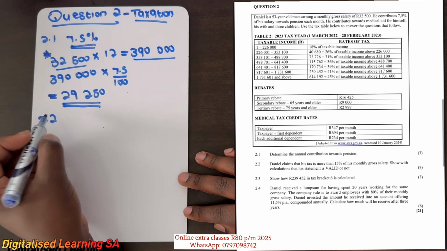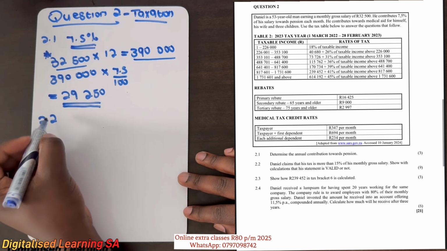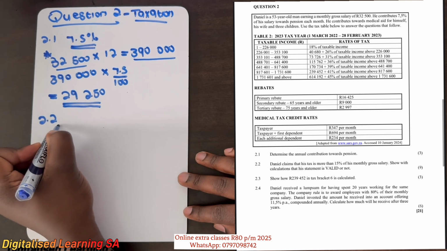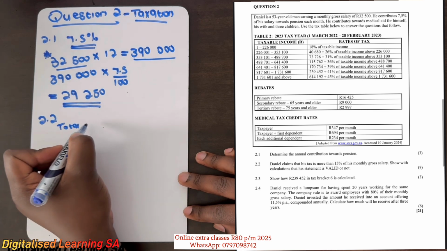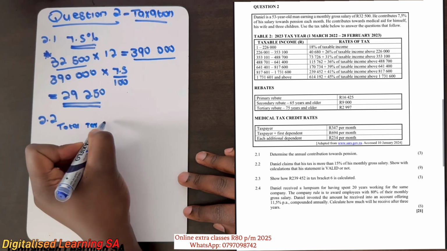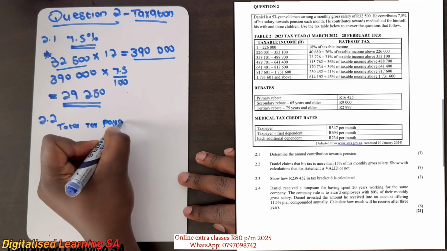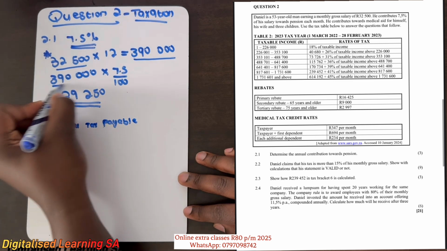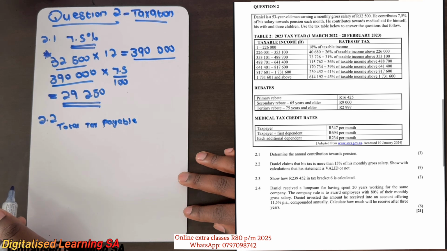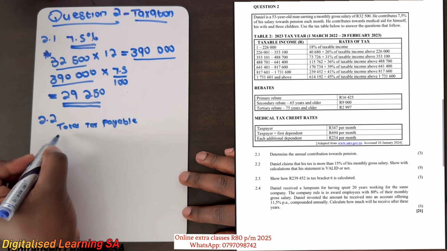We first need to calculate the total tax payable from what he earns. We know that he earns 390,000 in a year. But guys, pension is not taxed, meaning that we need to remove it from his annual salary. So we say 390,000 minus pension contributions, 29,250, because it is not taxed.